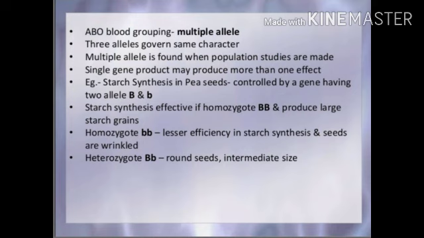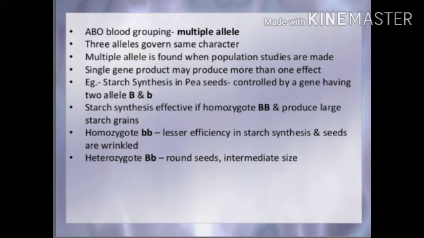ABO blood grouping shows multiple allelism, where 3 alleles govern the same character. Multiple alleles are found when population studies are made. In multiple alleles, a single gene product may produce more than one effect. For example, starch synthesis in pea seeds is controlled by a gene which has 2 alleles, capital B and small b.